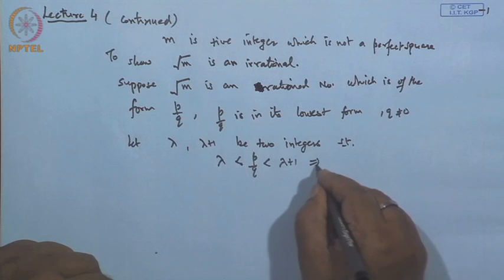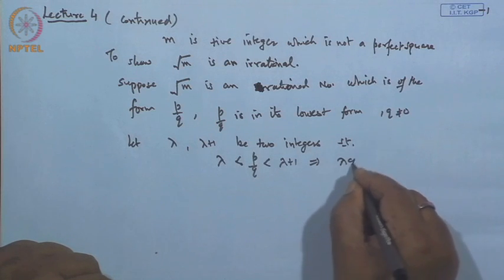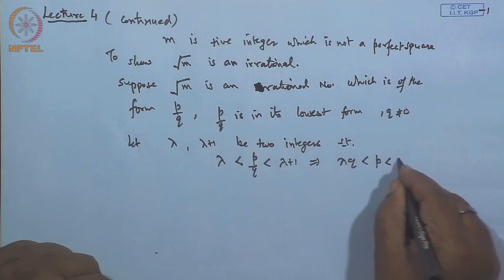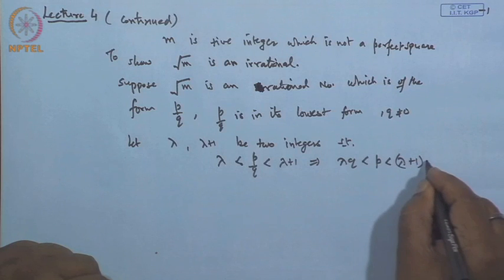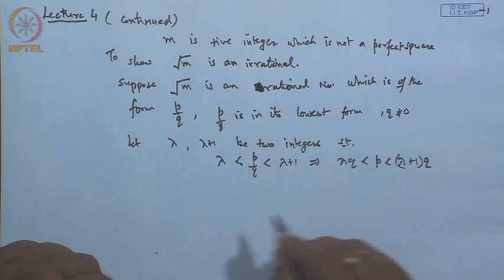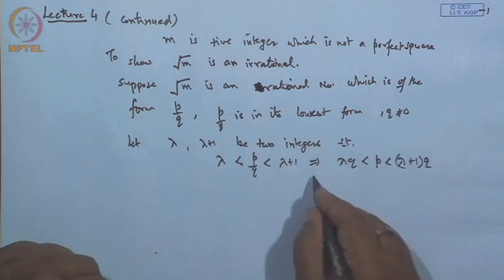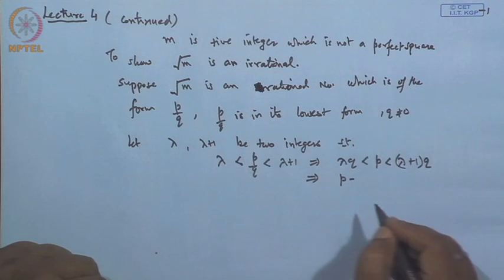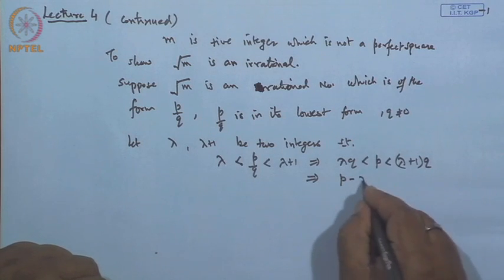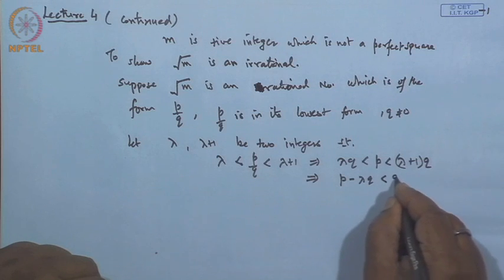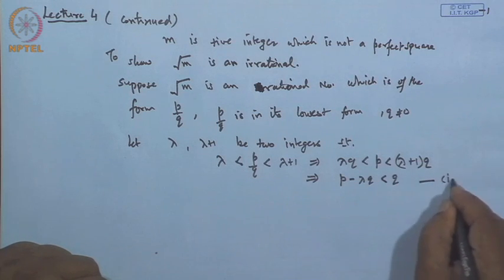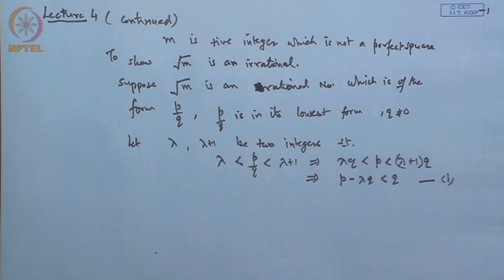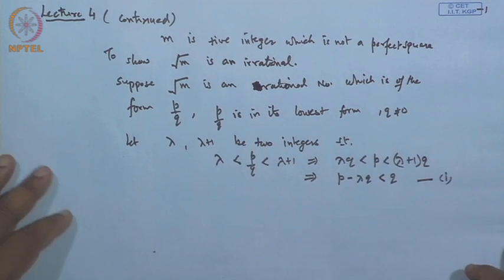That is, lambda q is less than p, which is less than (lambda plus 1) into q. Now, from here we can say that p minus lambda q is strictly less than q. Call it 1, because this will be required.